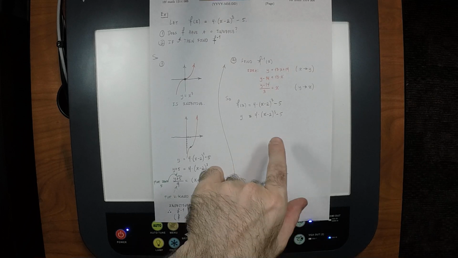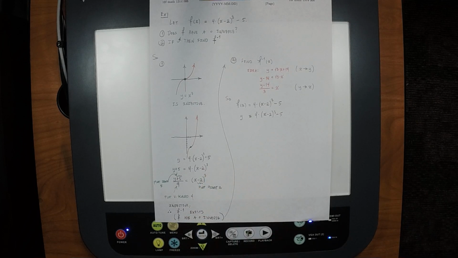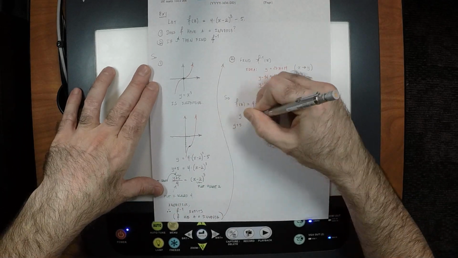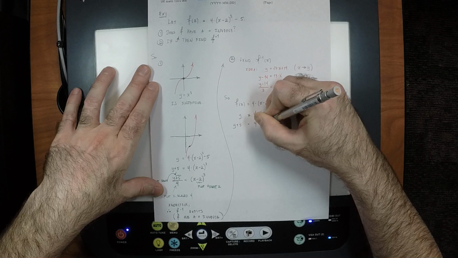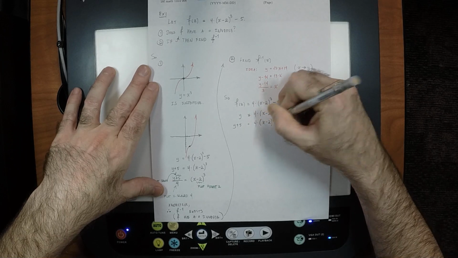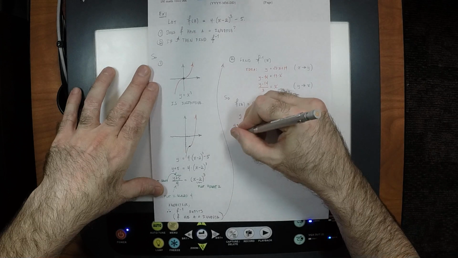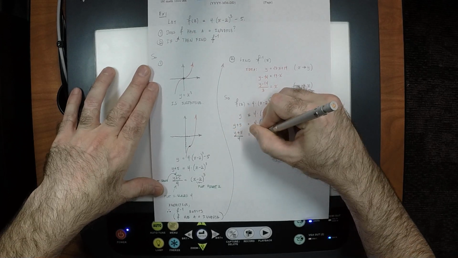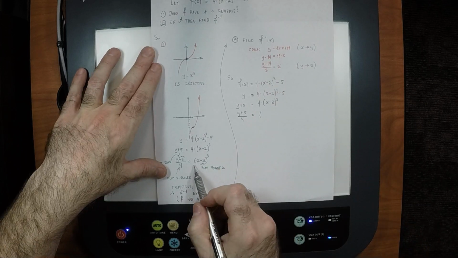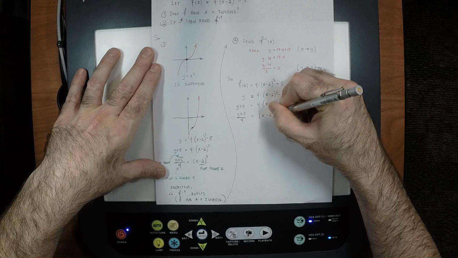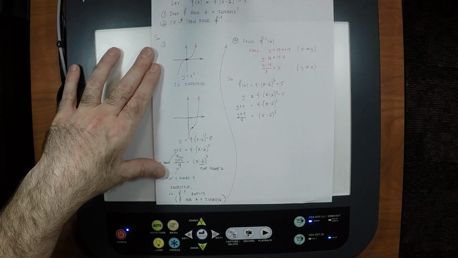Okay, so we want to solve for x. What's the first thing? Okay, good. So add 5. And then divide by 4. So you can see that we were halfway there, kind of, when we were checking if the inverse existed at all. Okay, so now what?